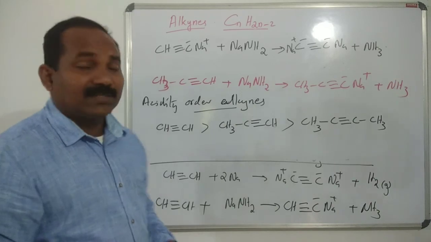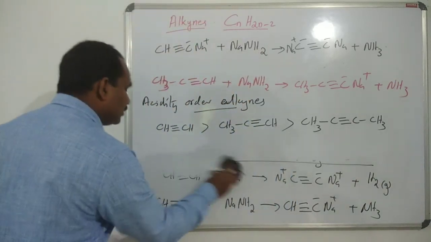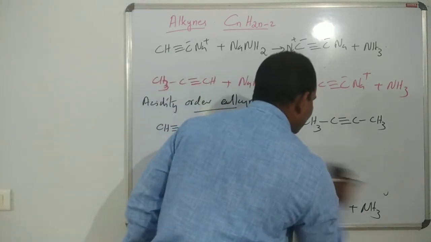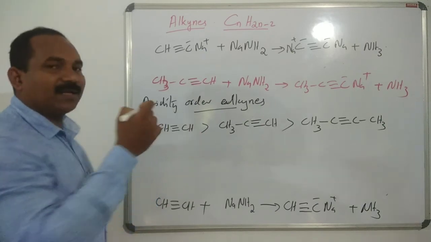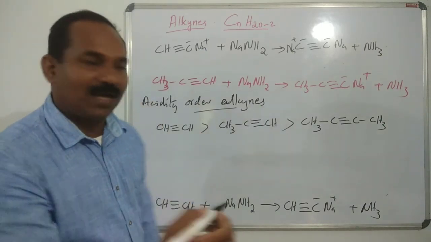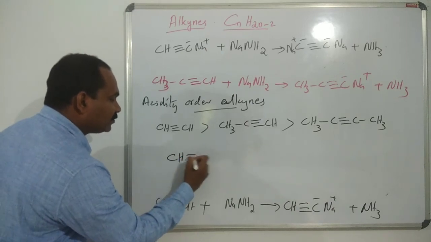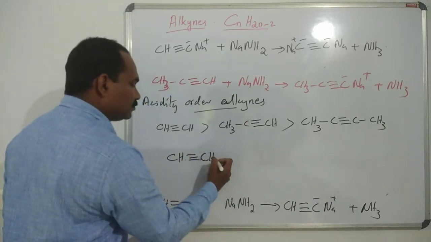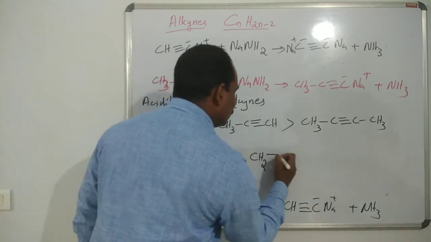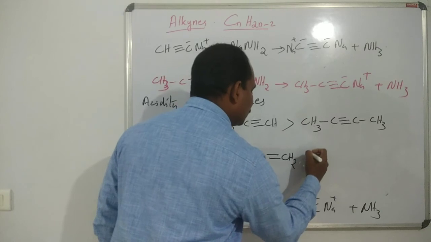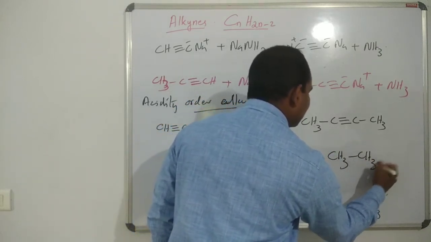Then what about the acidity order of alkenes and alkynes? It is quite different. Okay, alkynes are more acidic than alkenes, CH2 double bond CH2, which are more acidic than alkanes, CH3 CH3.